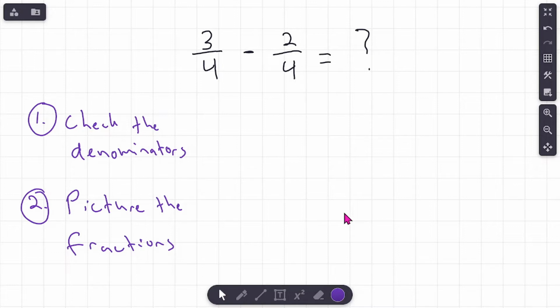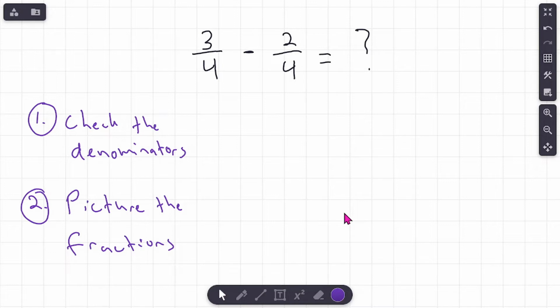What does that look like? Because in our previous video, we drew the model so we could see what that looks like when we are subtracting fractions. It is really important that you are able to visualize in your mind, even if you're not drawing the picture. In your mind, you should be able to picture what 3/4 looks like.